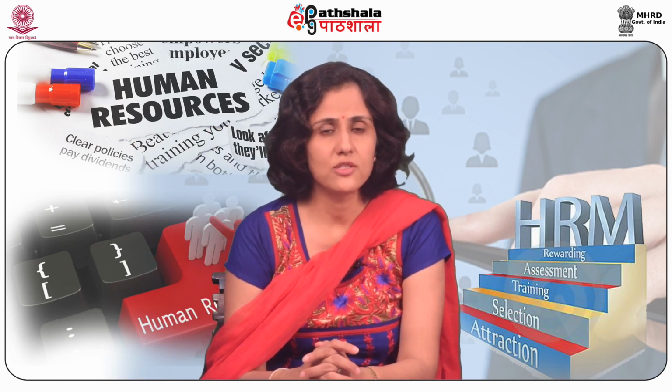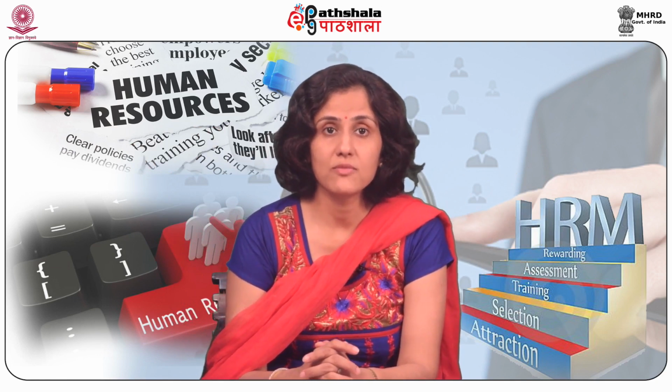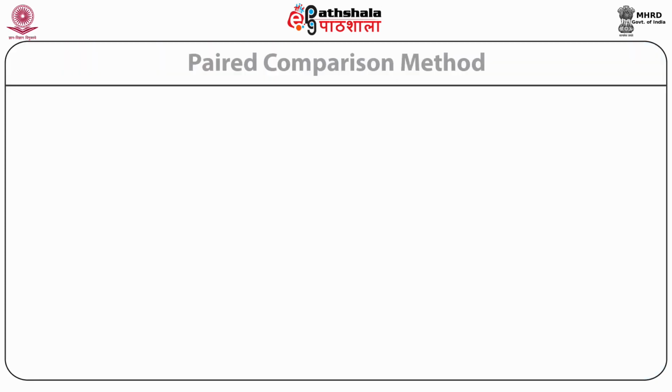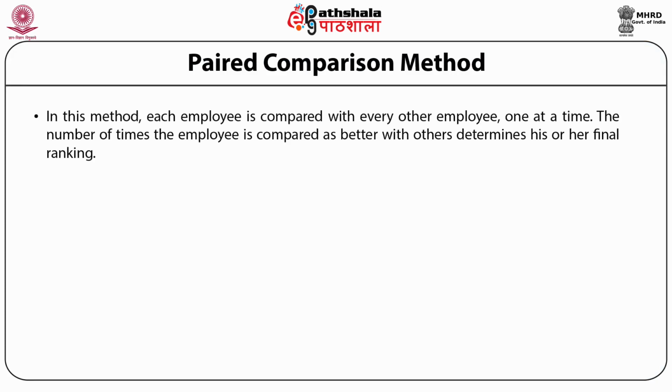To remedy these defects, the paired comparison method of performance appraisal has been evolved. The paired comparison method. In this method, as the name suggests, we have to compare. That is, each employee is compared with every other employee, one at a time.